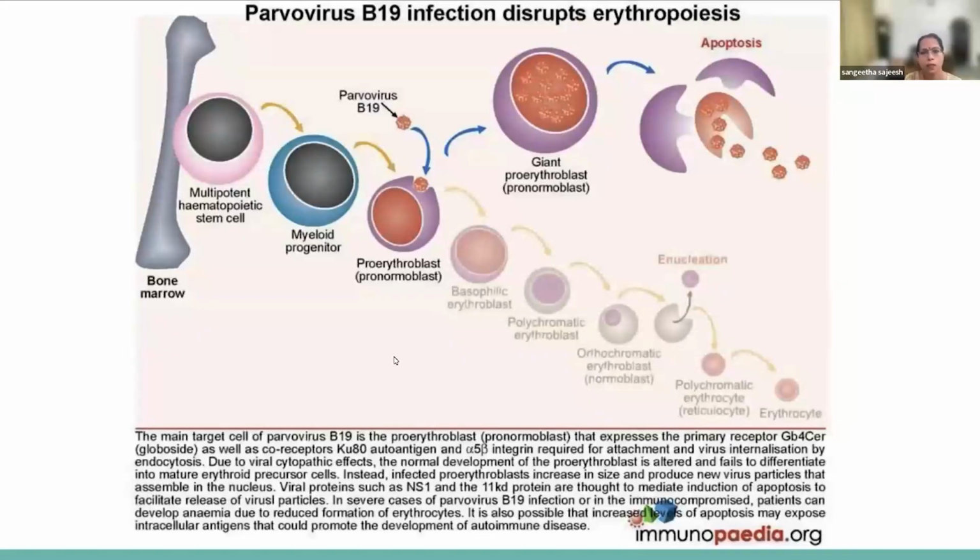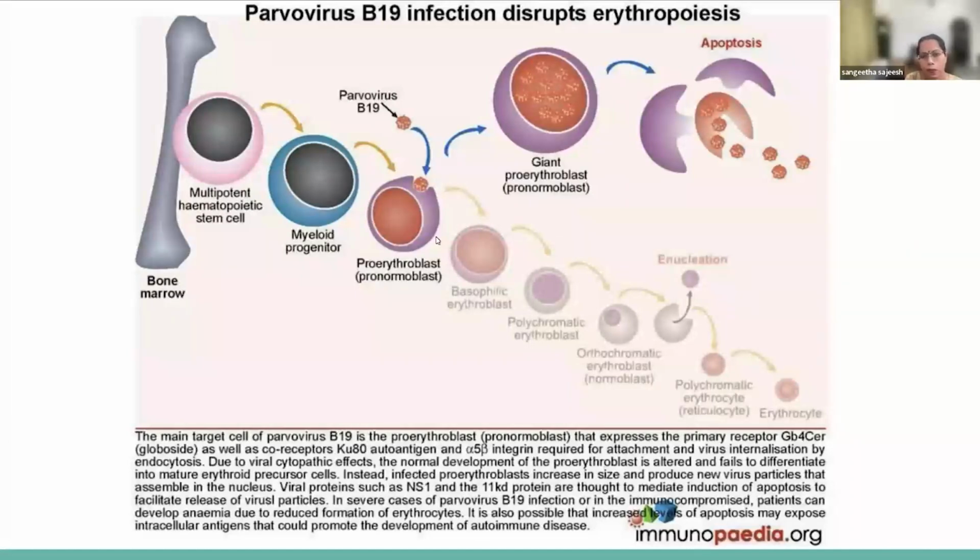So Parvovirus B19, what does it do in the bone marrow? In the bone marrow, you can see the multipotent hematopoietic stem cell. Then Parvovirus B19's target is the pro-erythroblast or pro-normoblast. As I said, the P antigen along with the two co-receptors, alpha 5 beta 1 integrin and KU80, help in the virus entry into the pro-normoblast.